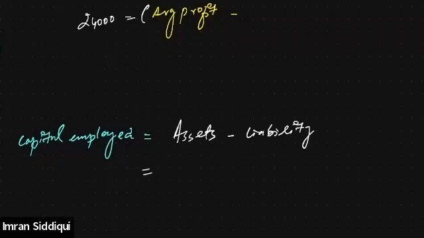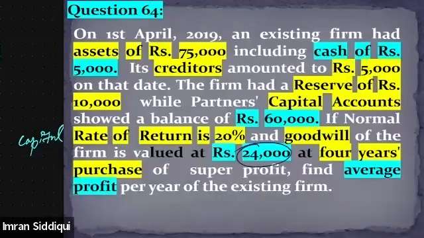So in this question, what is the value of the asset? It is given in the second line. Value of the asset is 75,000, right? Including cash. Cash is also an asset, but 75,000 already includes the amount of cash. Now we need to subtract the liabilities. As far as I can see, there is only one liability given in the question, creditor.